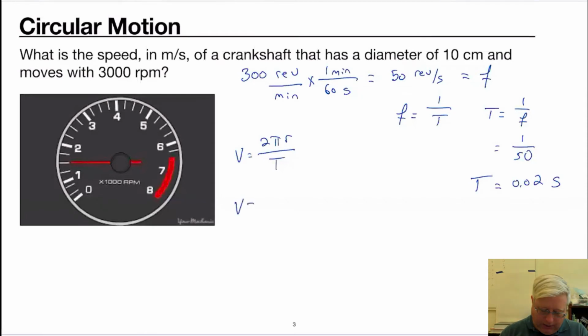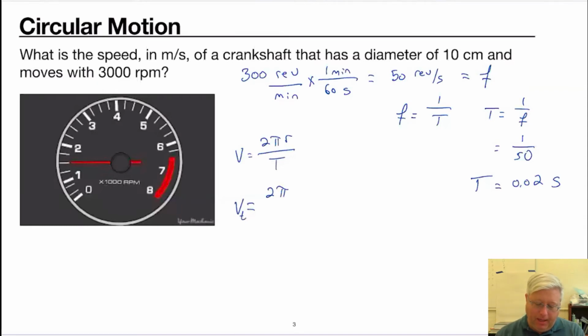So the tangential velocity is 2 pi r over the period, right? r is the radius. This is an important part to think about, because a lot of times you'll need to use radius, not just for circular motion, but for a lot of stuff that has to deal with circles.